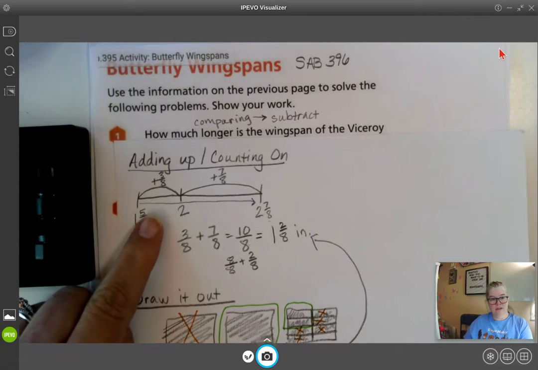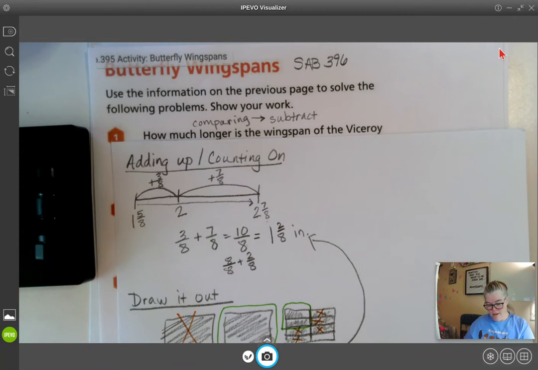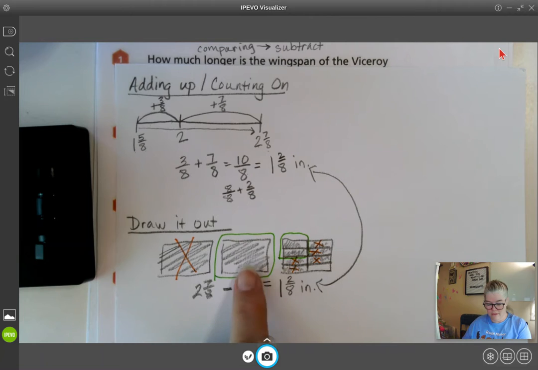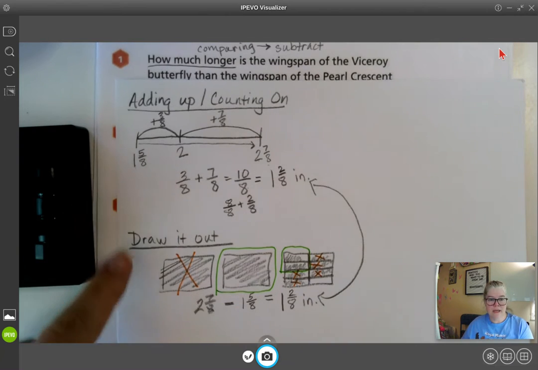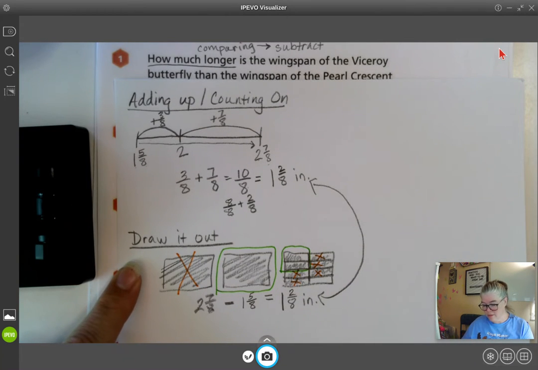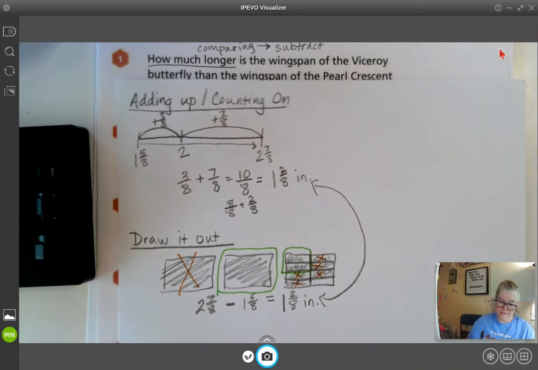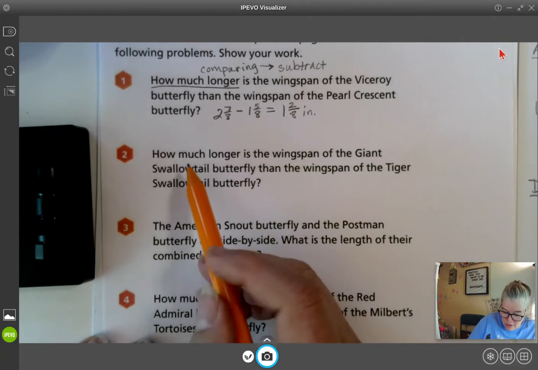So I can use an open number line and see how far up I need to jump, or I can draw it out. Draw out my number that I start with, and then cross off how much I'm taking away. Count up the part you're left with. So adding up and draw it out are two strategies that really work well for kids when they're trying to subtract mixed numbers. So let's look at the next problem and see what we've got going on there.